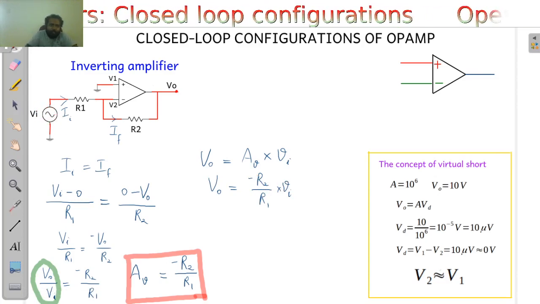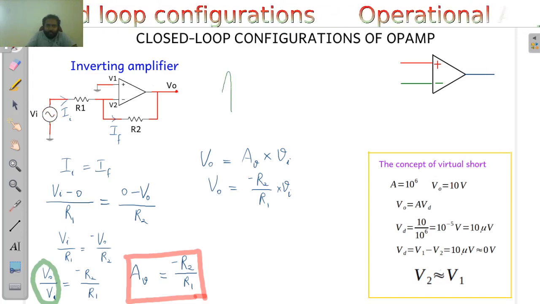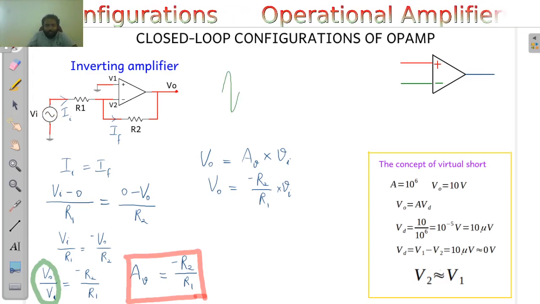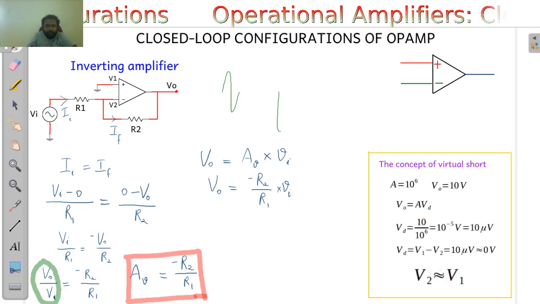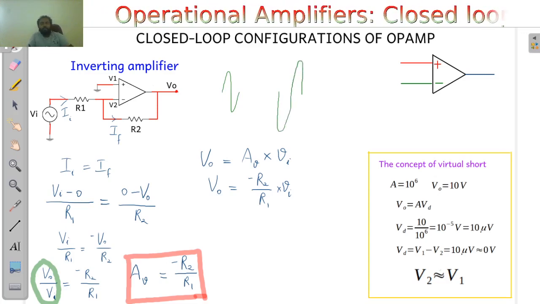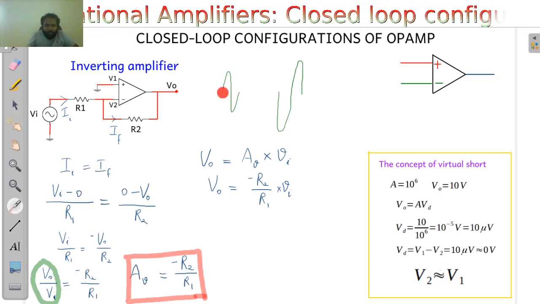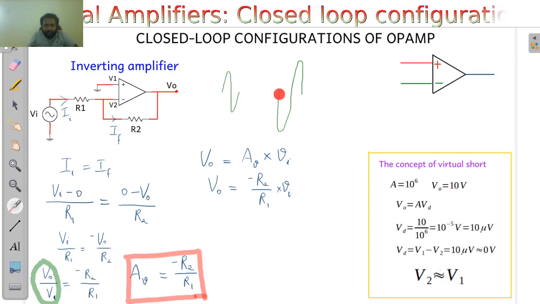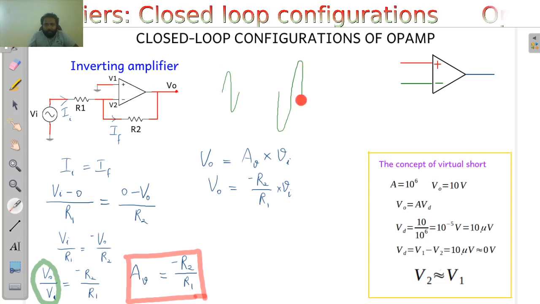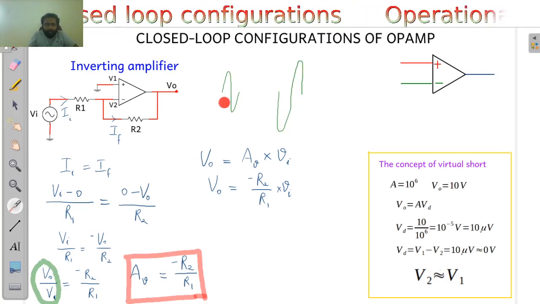So if I am having an input which varies like this, and I am trying to amplify it twice, then it will be looking like this. Although there are humanly imperfections in my drawing, still you can understand that the phase of the wave has shifted 180 degree. So this is an inversion of the input. So it is an inverted and amplified version of the input.